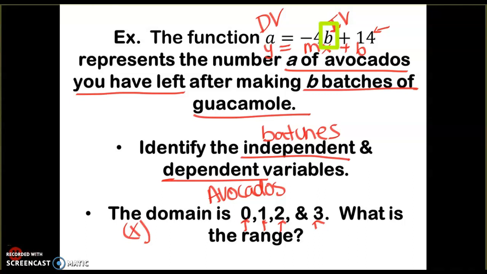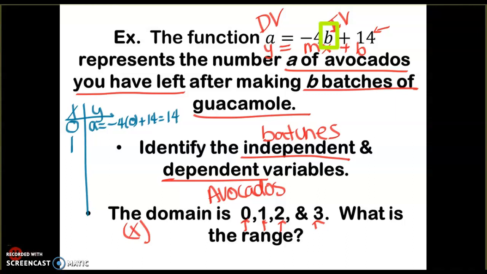So when I plug in, let's do blue, having 0 batches of guacamole, we're going to make a table up here. If I make 0 batches of guacamole, how many avocados do I have left? Well, I can show that: a, meaning negative 4 times 0 plus 14, which gives me 14. So I had 14 avocados to start out with.